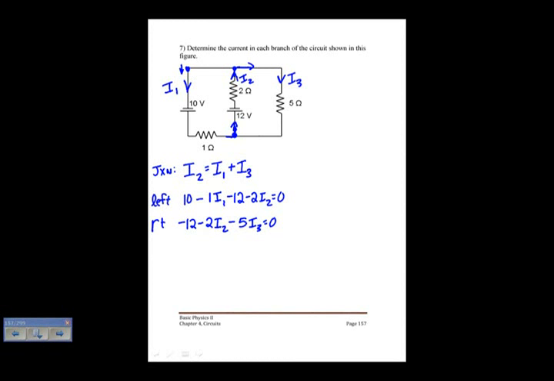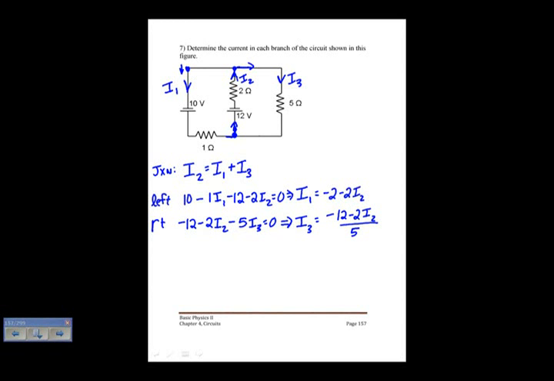So let me show you. I'm going to solve this one for I1. So this equation becomes I1 equals minus 2 minus 2I2. And then this equation, I'm going to solve for I3, and it equals minus 12 minus 2I2 divided by 5.